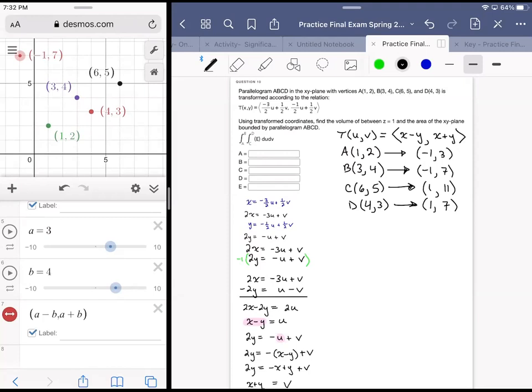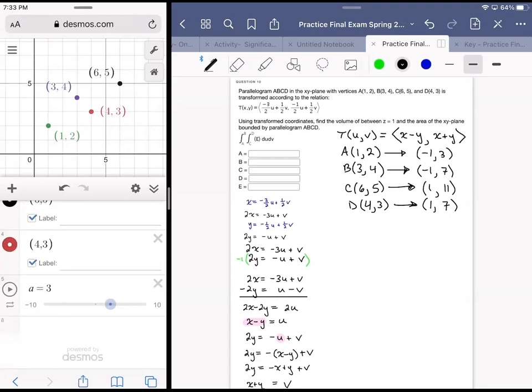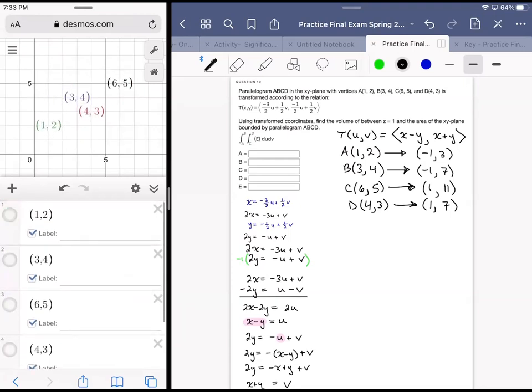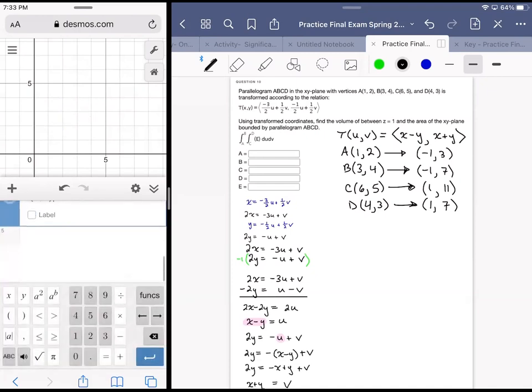Right? So now that we have all this accounted for, I can start getting rid of stuff because it gets a little crazy. We'll just turn these off so they're still there, but I don't have to look at them. So you can look at the new coordinates that are in the UV coordinate system.